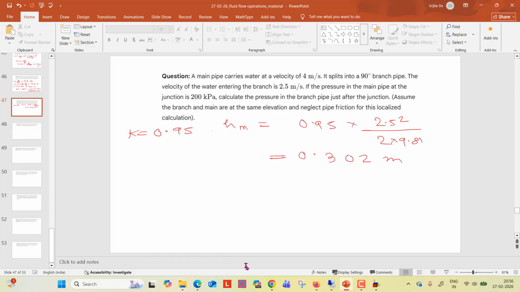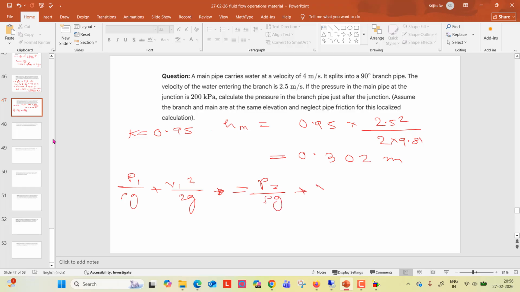Right? So from the Bernoulli equation we know that P1 by rho G plus V1 square by 2G equals P2 by rho G plus V2 square by 2G plus H minor, as there is no height difference.